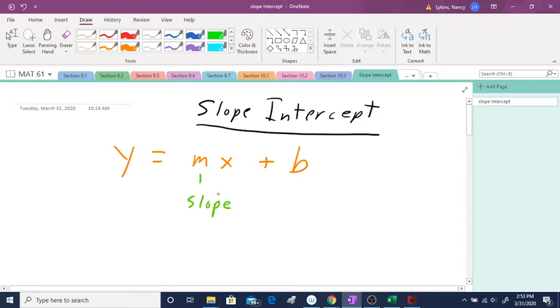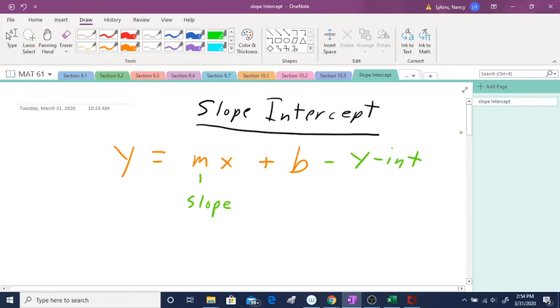Now, our slope could be 0. It could be any positive number, negative numbers. It could even be fractions, whether positive fractions or negative fractions. Now, b is the y-intercept. I'm going to just do y-int for y-intercept. And that's why we call this slope-intercept, because we will know the slope and also the y-intercept.